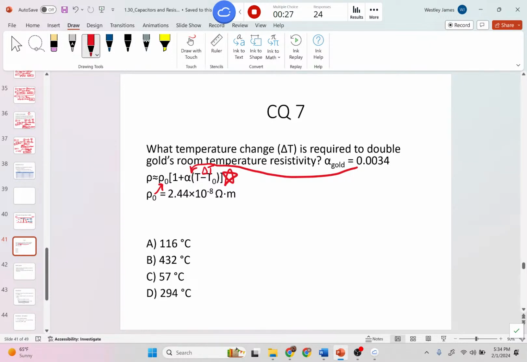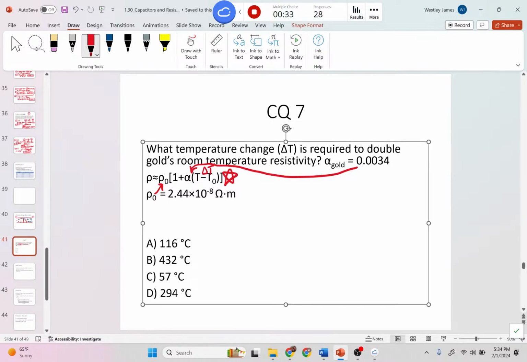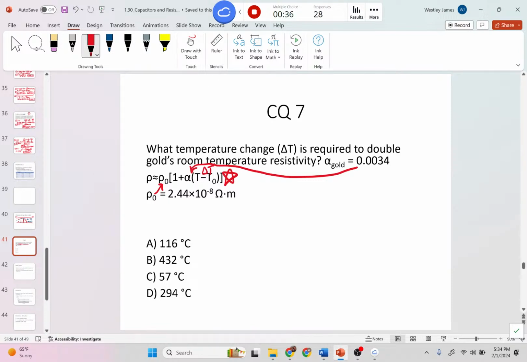So, if I want to double the resistivity at room temperature, that means, what is my resistivity at room temperature? This is the resistivity at room temperature. So if I want to double the resistivity, I want double that. So that's what I want.